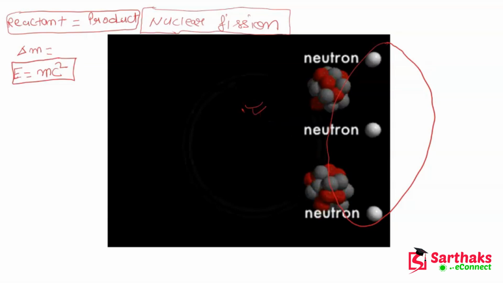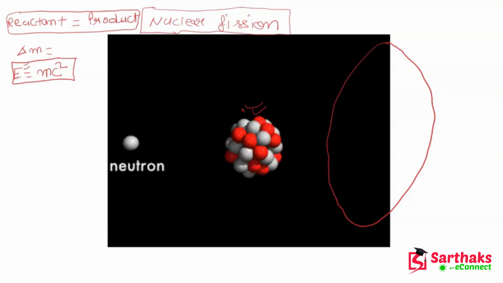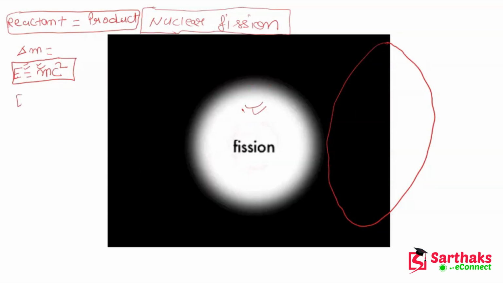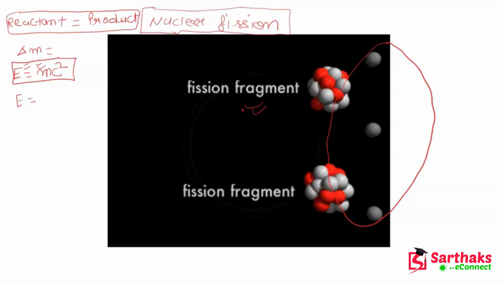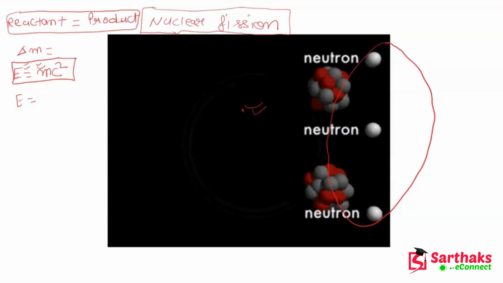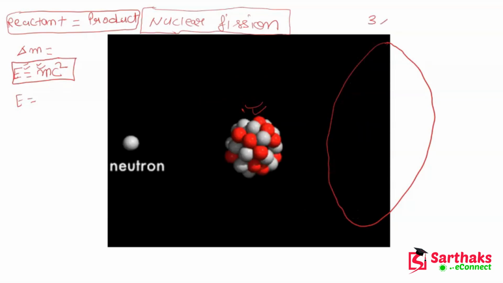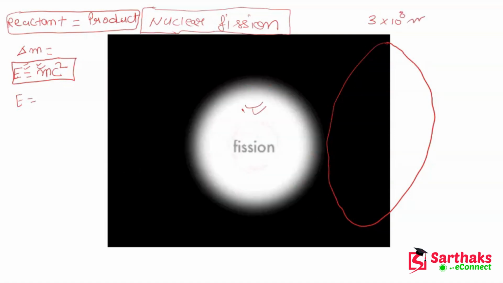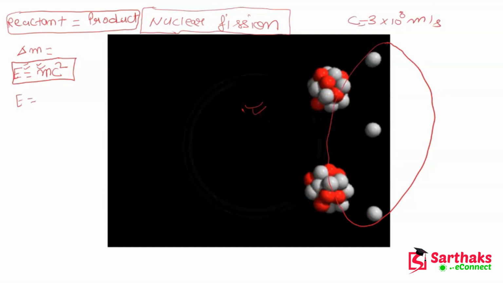This equation shows the relation between energy and mass. You can see that this c is the speed of light, and the speed of light is 3 multiplied by 10 to the power 8 meters per second.